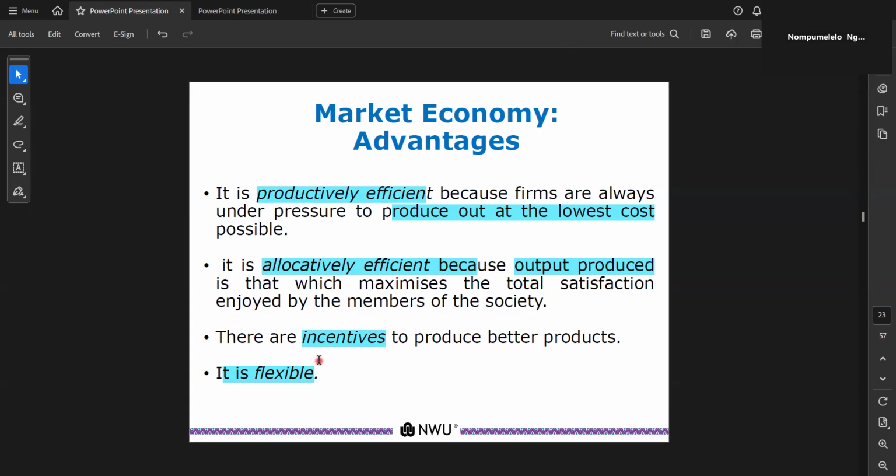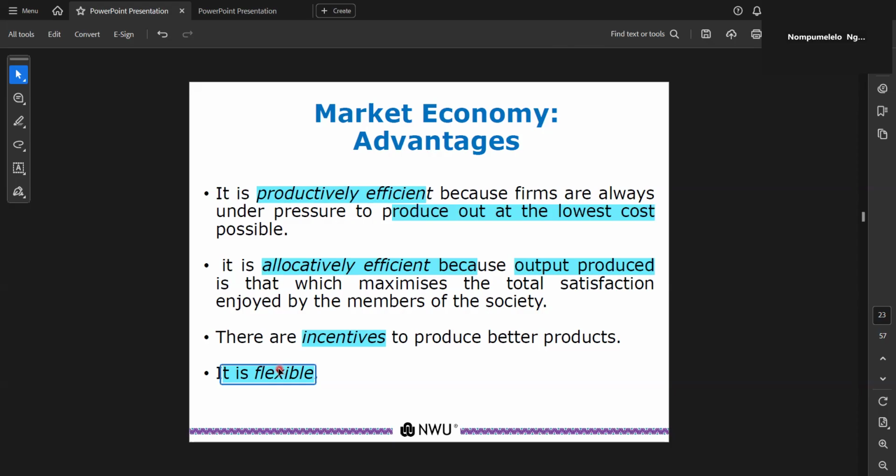It is flexible. It's flexible in the sense that one day you can wake up and decide, okay, I'm selling pencils. Pencils are not making enough profit for me. Let me start selling what? Let me start selling iPhones because iPhones are in demand. So a market economy is very flexible.